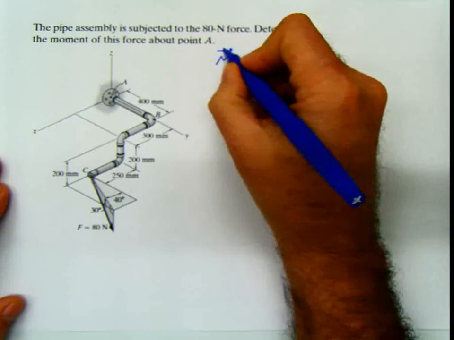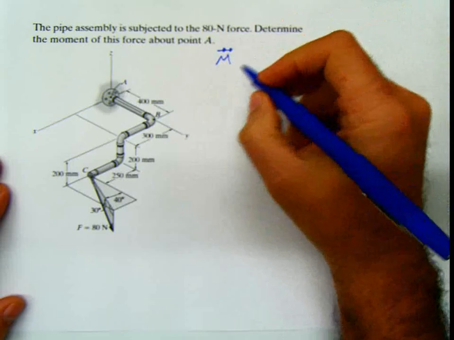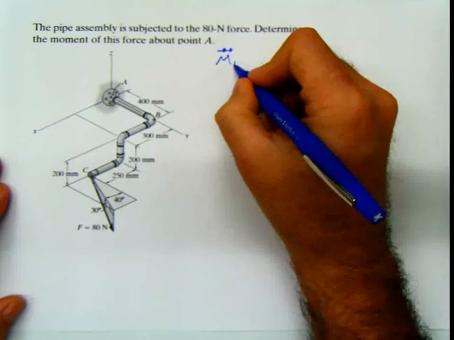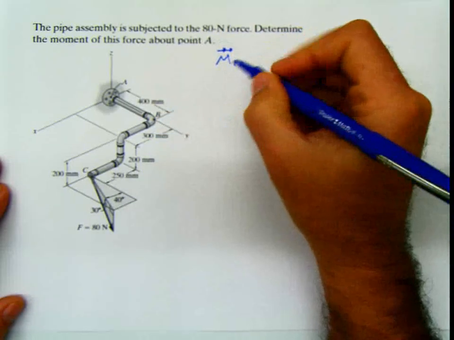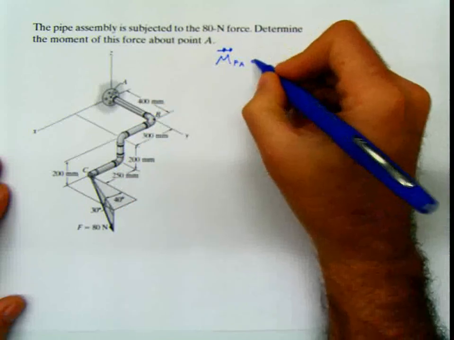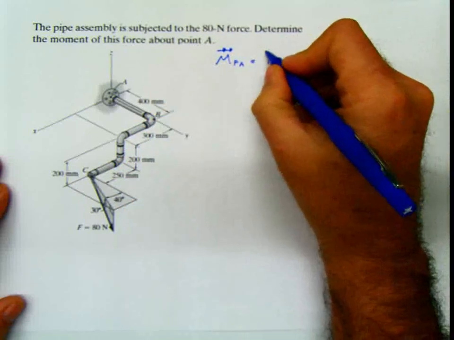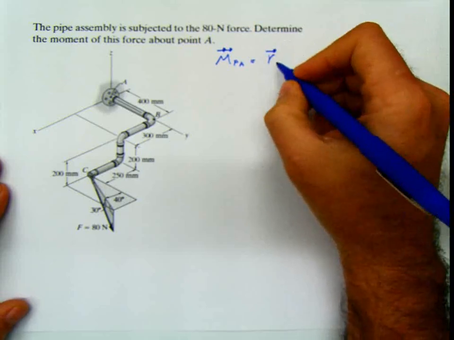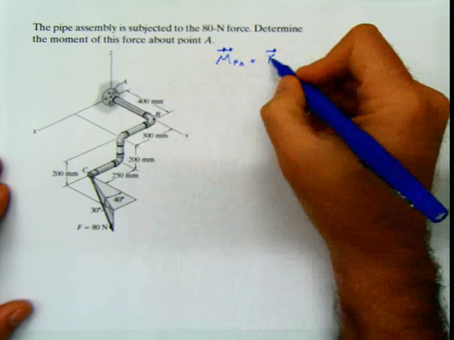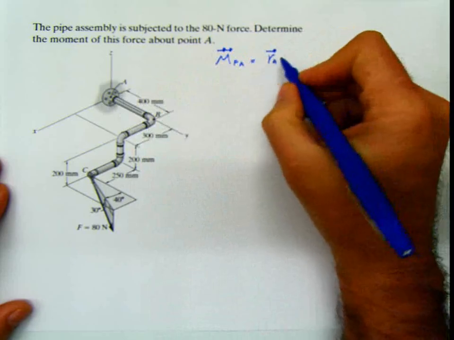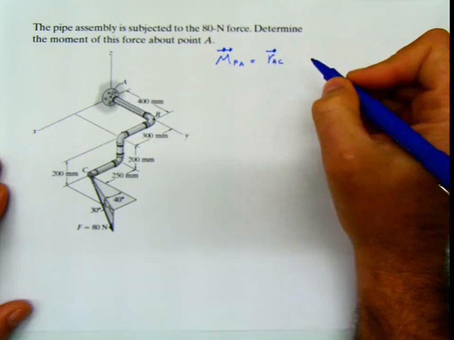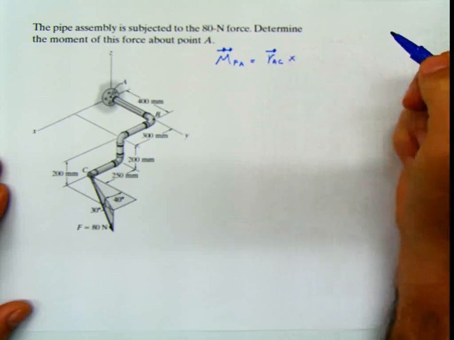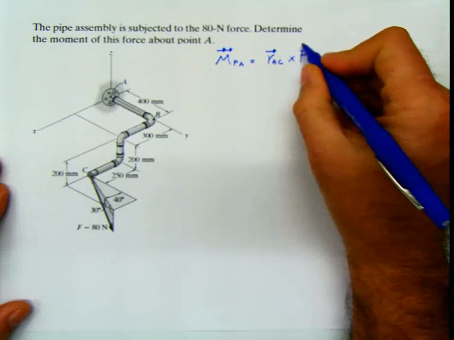as a vector. The moment of the force F with respect to the point A is going to be equal to the cross product between the arm from the point A to the point where the force is applied, times the force.